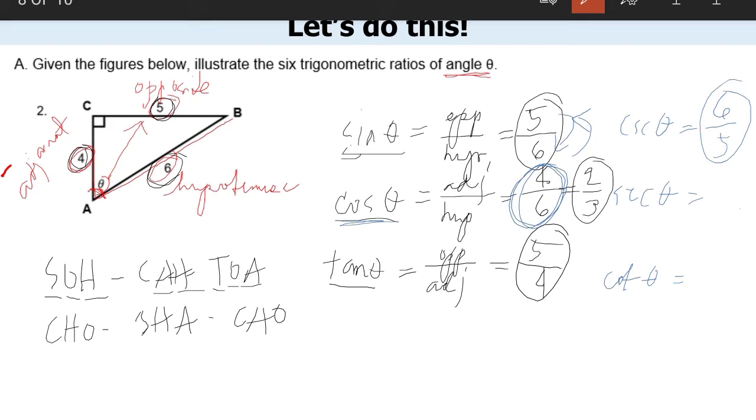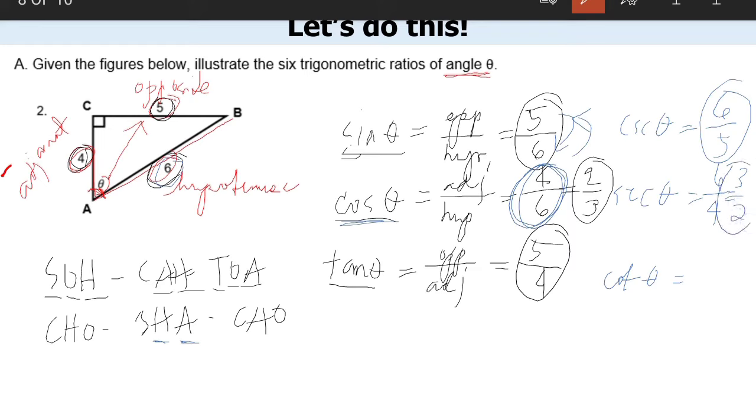Remember, secant is hypotenuse over adjacent. So your hypotenuse is 6. You will write here 6 over adjacent is 4. If the result is still simplifiable, better simplify again by dividing both the numerator and the denominator by 2, so we have 3 over 2.